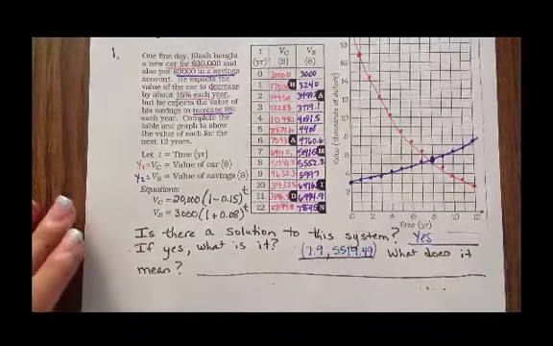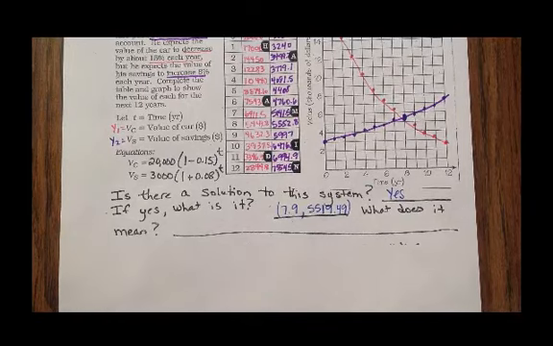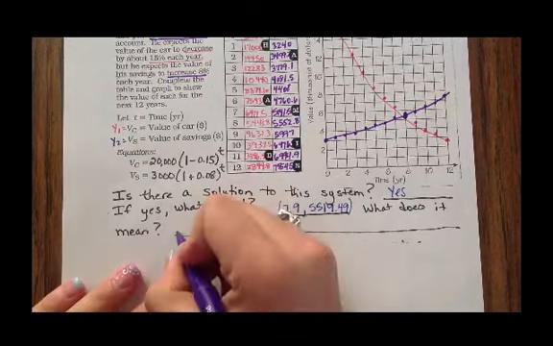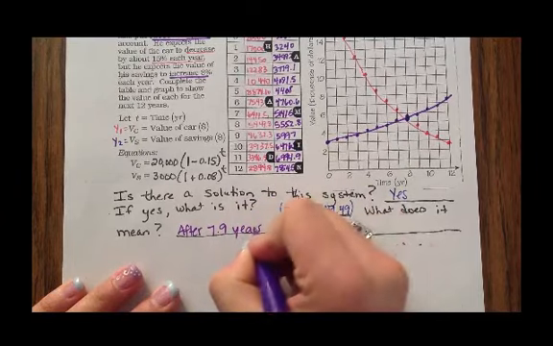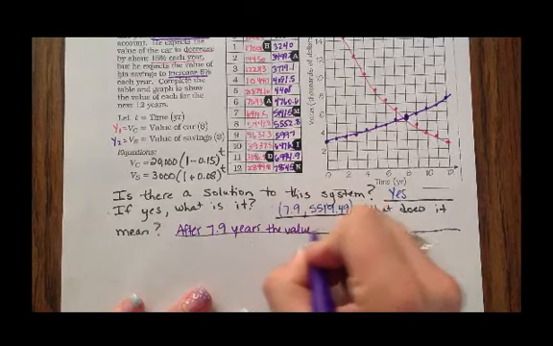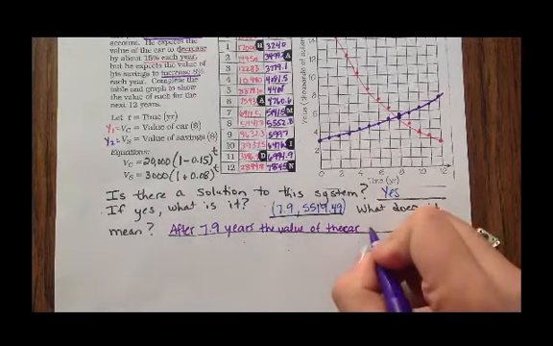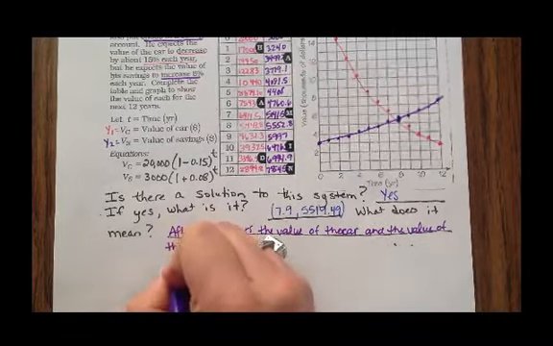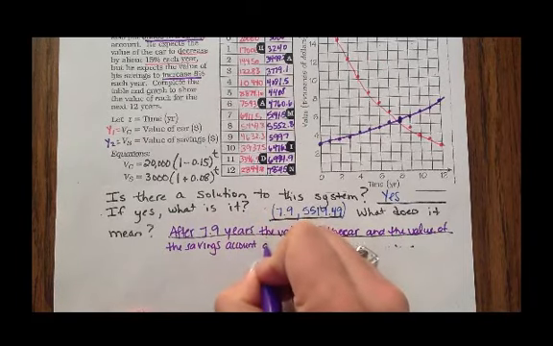The next question asks us, what does this really mean? So in words, we want to know what 7.9 and $5,519 are. The way that we could word this is, after 7.9 years, the value of the car and the value of the savings account are equal.